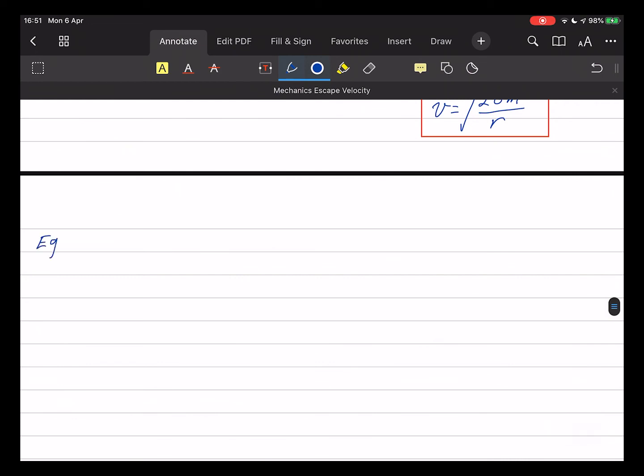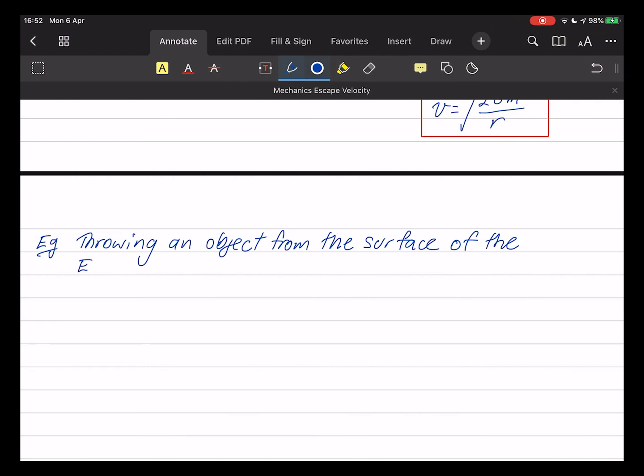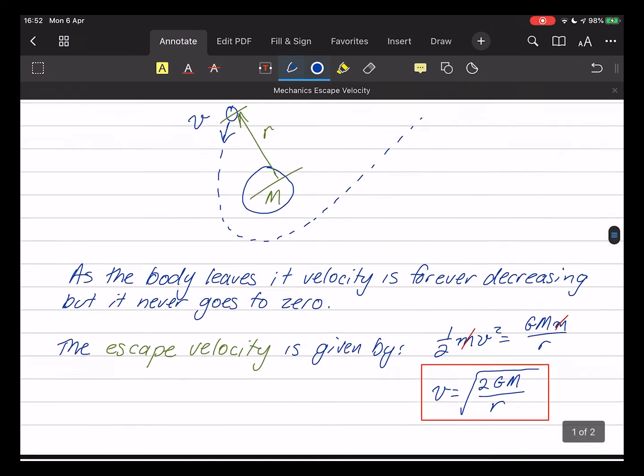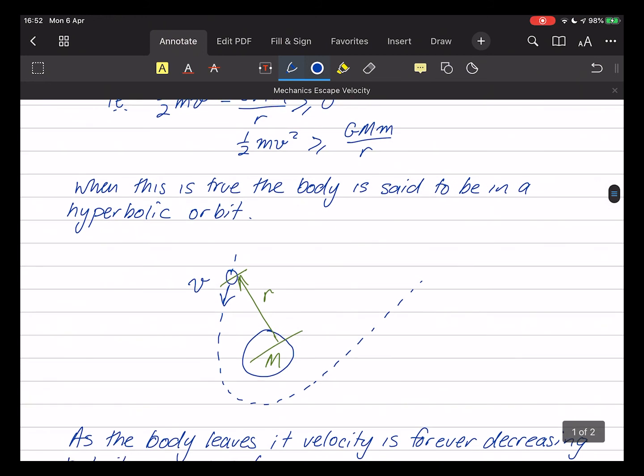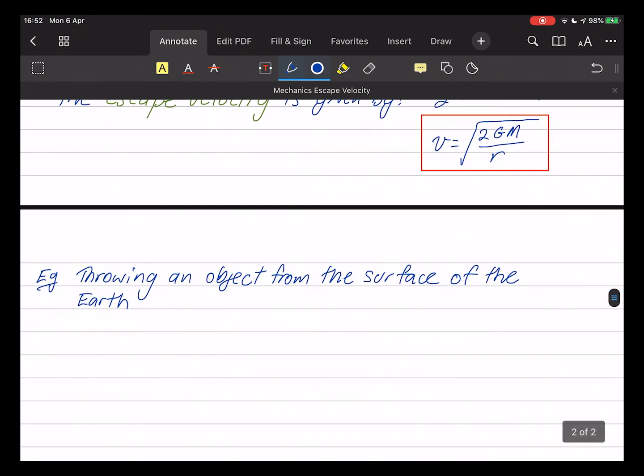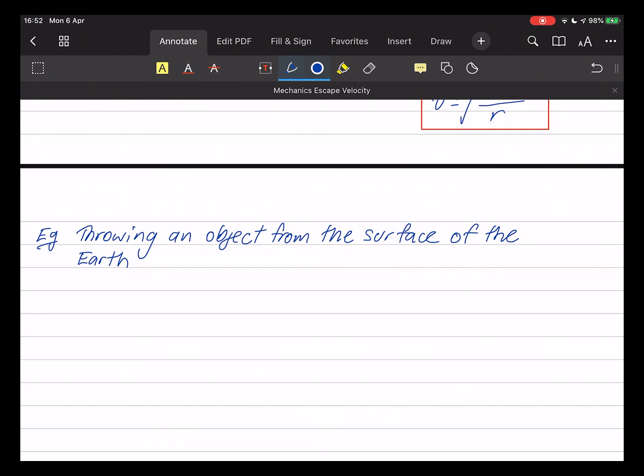So, example, throwing an object from the surface of the Earth. Now, did I write the word hyperbola or hyperbolic up above? I did. Okay, good. It's important.